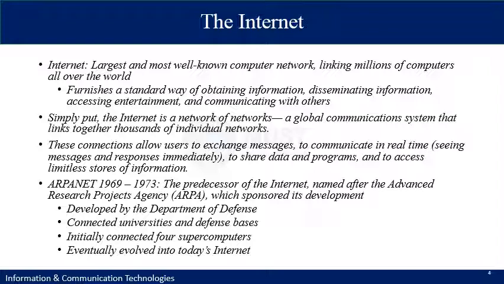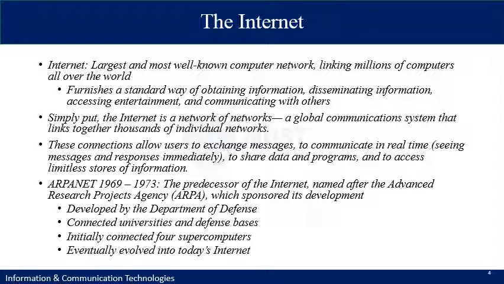It is a furnished way of obtaining information. It helps you disseminate information, access entertainment and communicate with others. So there are a number of opportunities and options that the internet has provided us with.